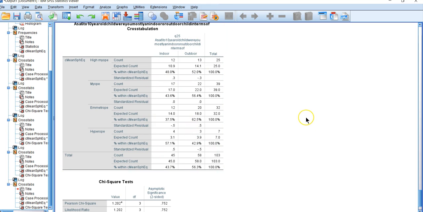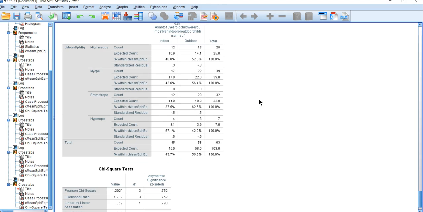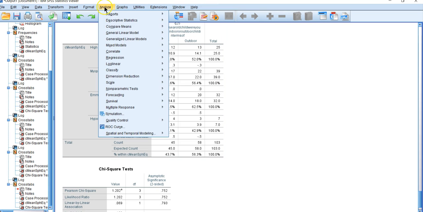When you have a 2x2, it's much clearer where the difference is. But when the degrees of freedom are greater than 1, you don't know. So I think the standardized residual is a very useful statistic.